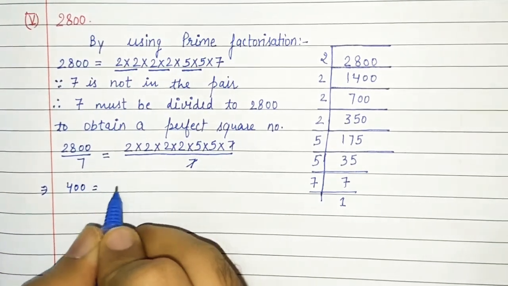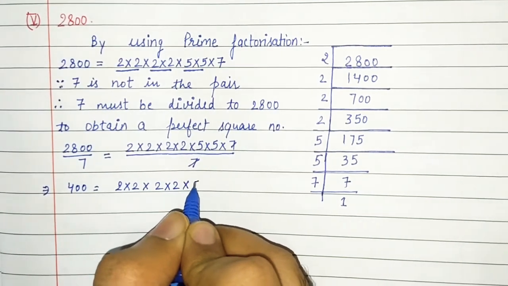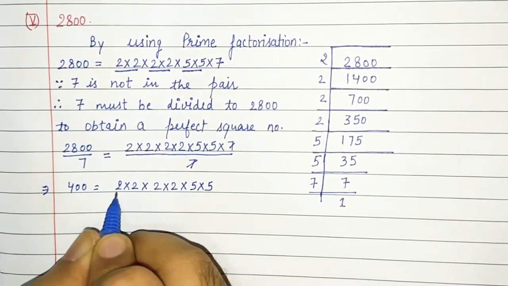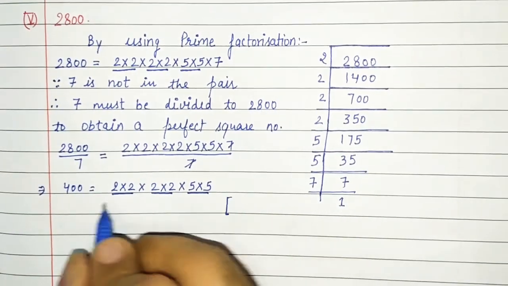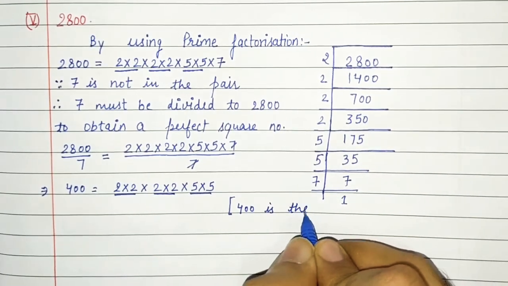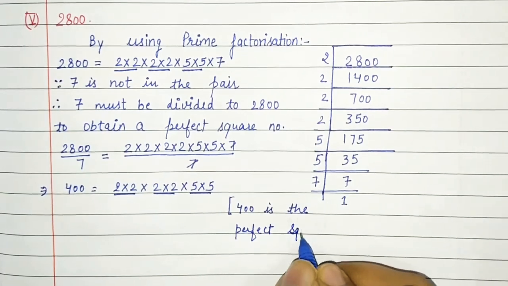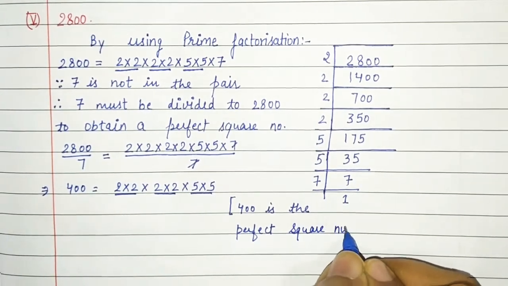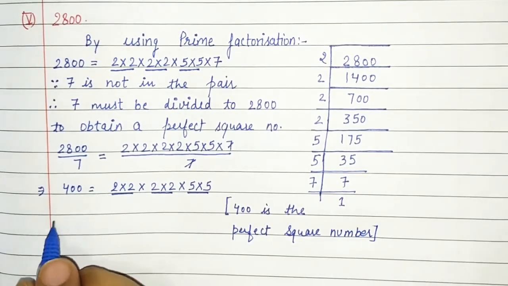This is equals to 2 into 2 into 2 into 2 into 5 into 5. So 2 has the pair, this 2 has the pair, 5 has the pair. Each and every number has the pair, so 400 is the perfect square number. Now because it is the perfect square, now we have to find the square root of this number.